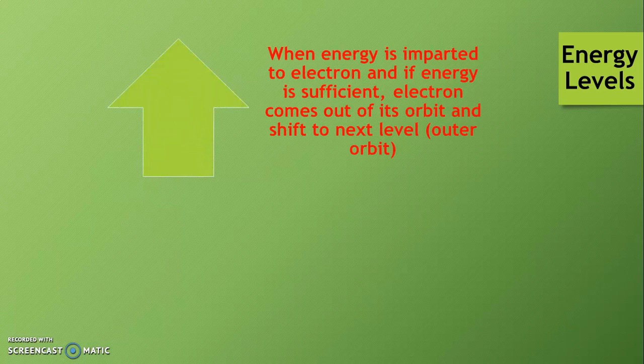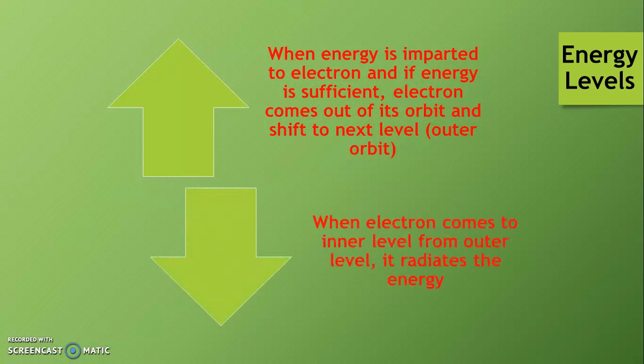When energy is imparted in the form of light, heat or radiation to electrons, and if the energy is sufficient, the electron comes out of its orbit and shifts to the next level, that is the outer orbit.